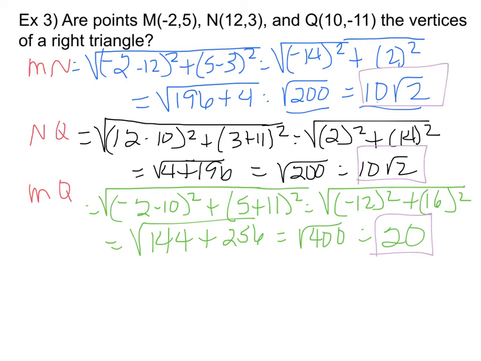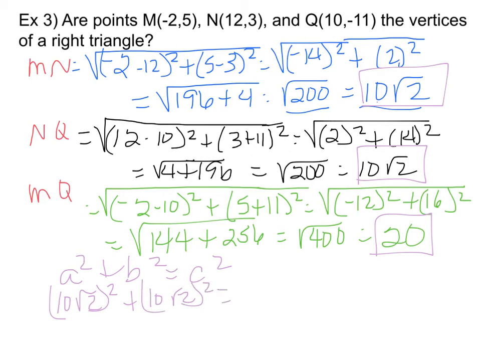So when you plug that into your Pythagorean theorem, a squared plus b squared equals c squared, the small sides are the smaller numbers. We have 10 square roots of 2 squared plus 10 square roots of 2 squared is equal to 20 squared.